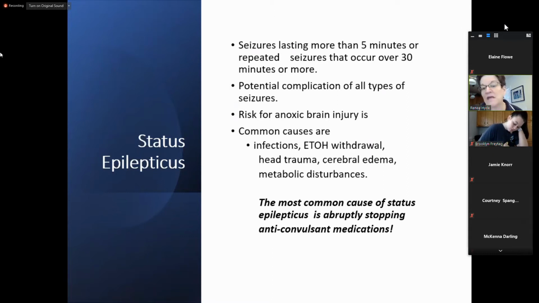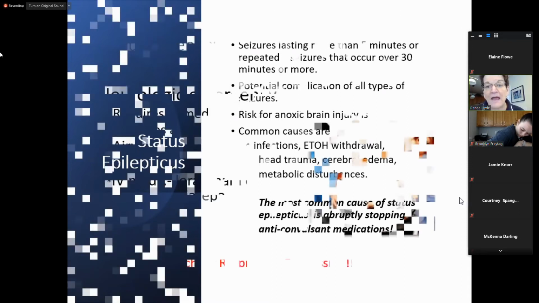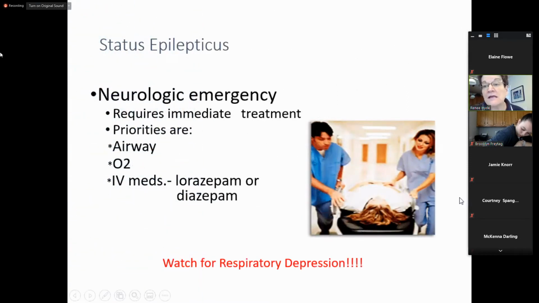Whether it be because they decide not to take them anymore, or they run out of money and can't get their medication prescription refilled. It is one of the most common reasons that we see people in status coming into the hospital, okay? And it is a neurologic emergency and requires immediate treatment.